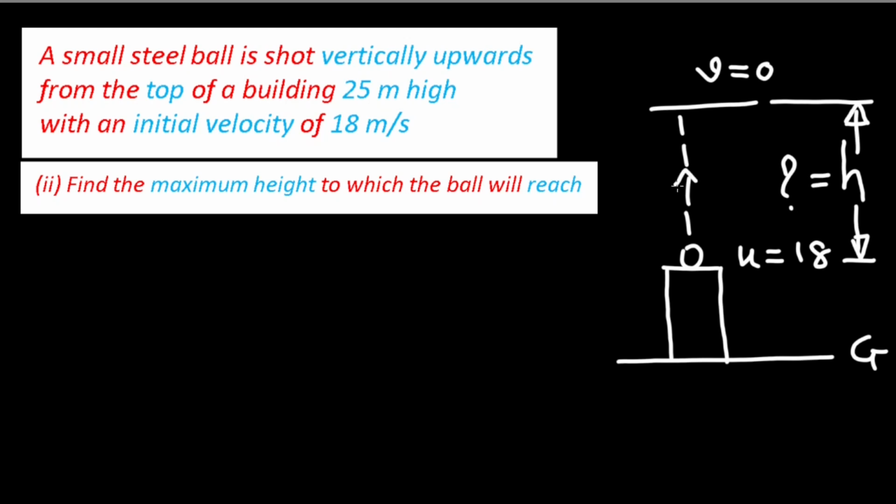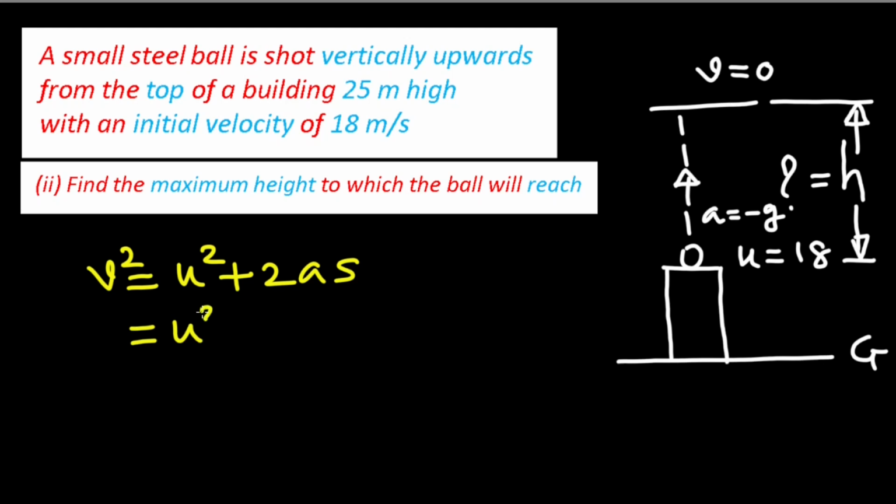For upward motion, we have a equals minus g. To find the maximum height, we have to use the third kinematic equation, which is v square is equal to u square plus 2as. That will be u square minus 2gh, replacing a by minus g and s by h.